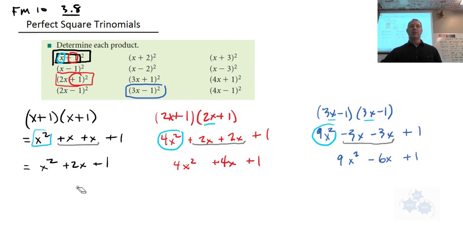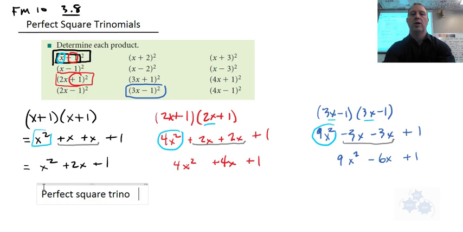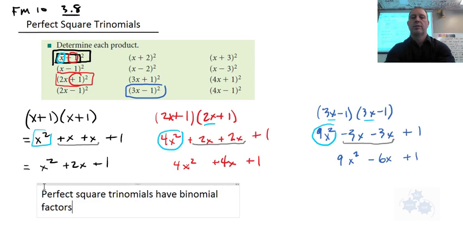The binomial factors are identical. Okay, so let's just jot that down maybe. Perfect square trinomials have binomial factors that are identical.